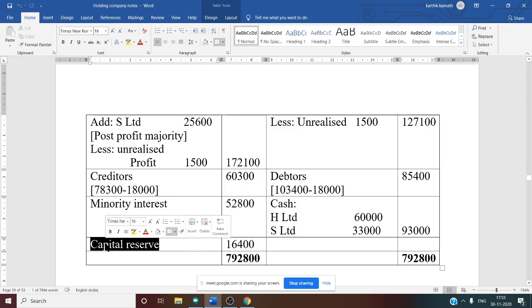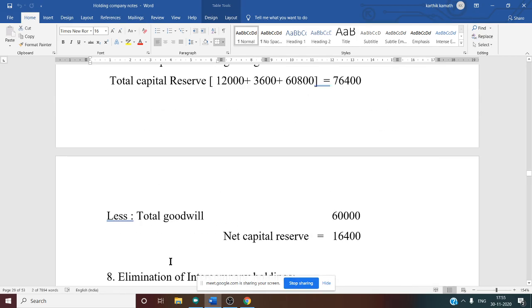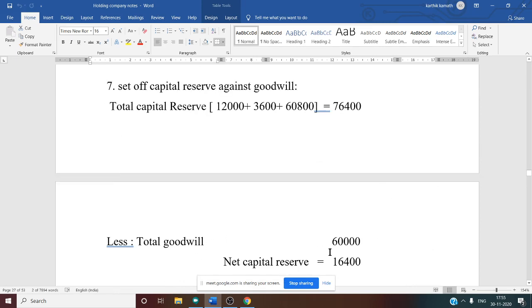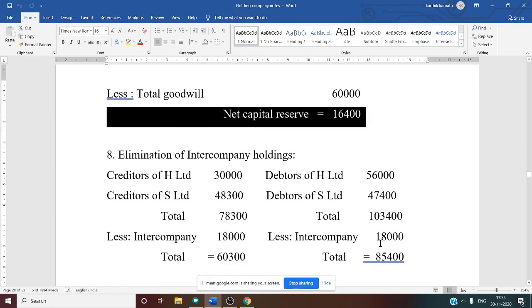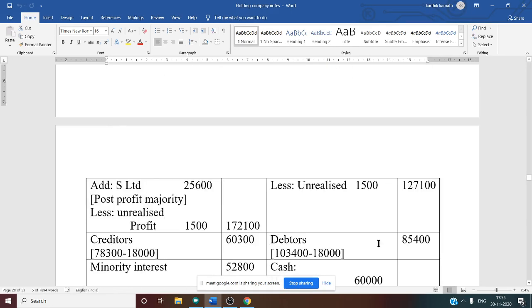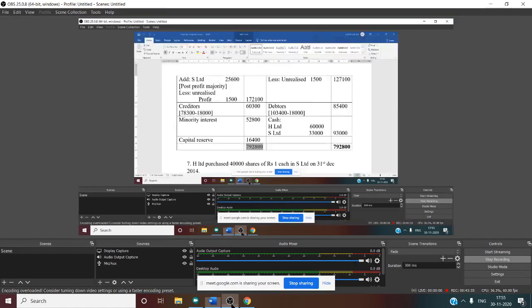Similarly, capital reserve, see working note number 7, where we have got net capital reserve as 16,400. That you have to show separately. Final balance sheet total is 7,92,800, both sides.